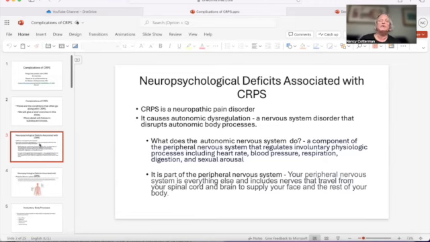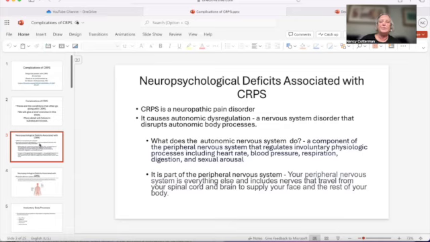A component of the peripheral nervous system that regulates involuntary physiologic processes, which include your heart rate, your blood pressure, respiration, digestion, and sexual arousal. These are body systems that we have no control over.